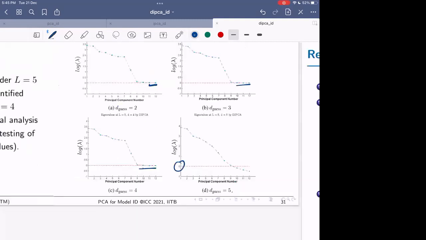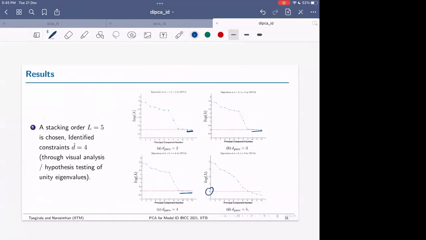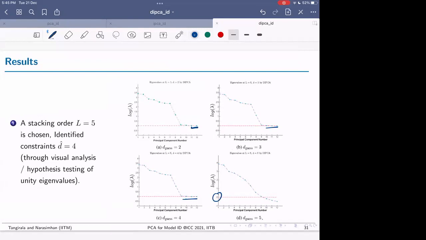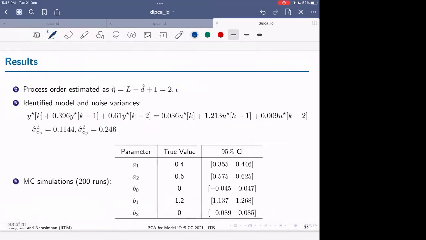You can see the moment I cross the true one, the matching between the guessed number of unity eigenvalues and the realized unity eigenvalues is broken down. So we settle with D hat equals 4. As I said in the morning, you could start with a high value of D and decrease until you meet the requirement the first time. So with this, we get eta as 2, which matches the true order.